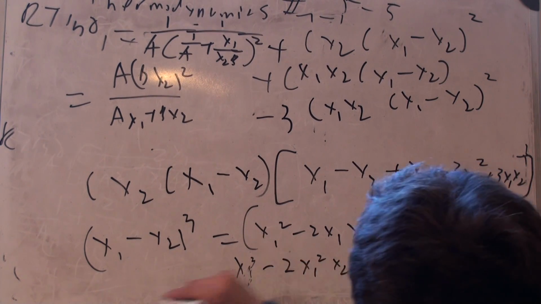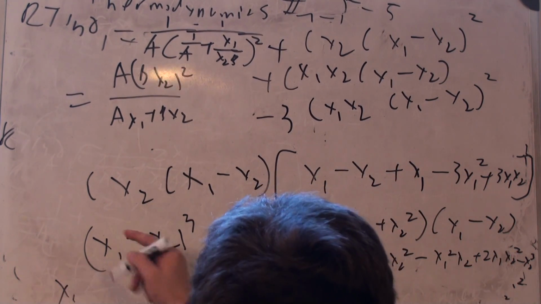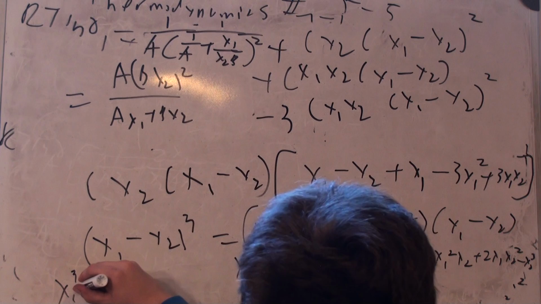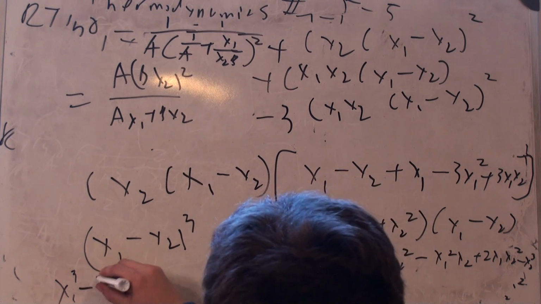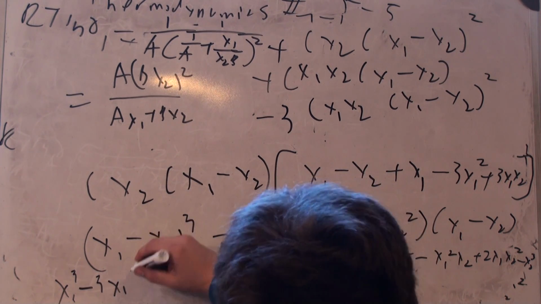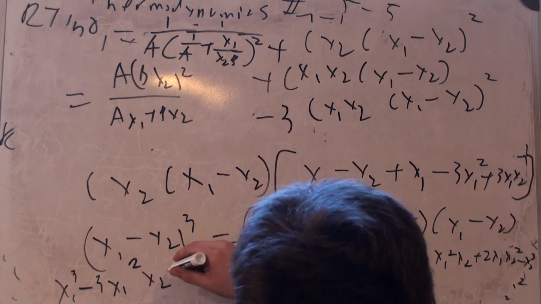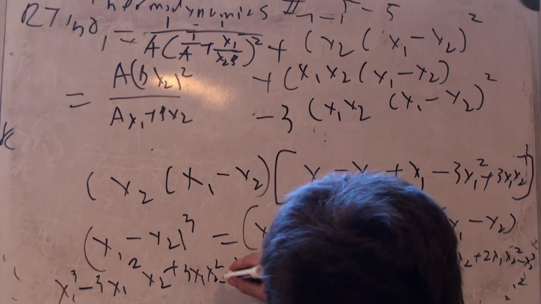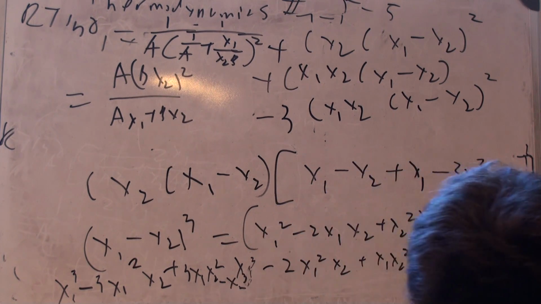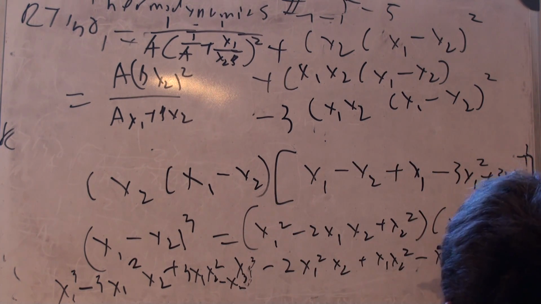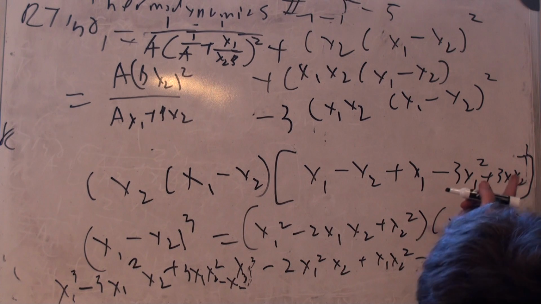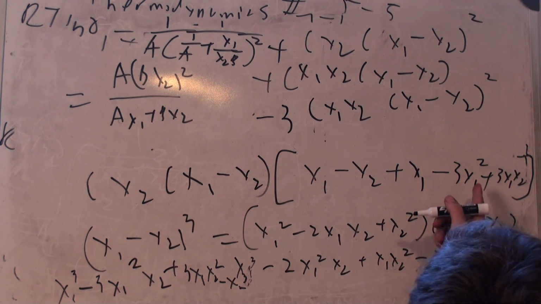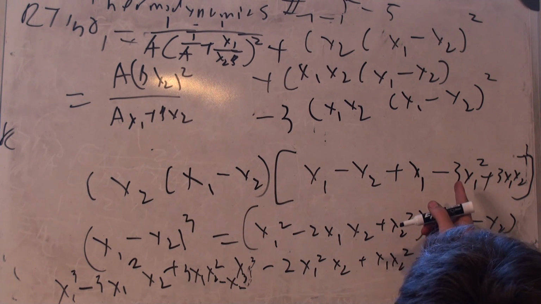There's my 3's. So this becomes x1 cubed minus 3x1 squared x2 plus 3x1 x2 squared minus x2 cubed. If I look at that, I've got that guy not close enough.